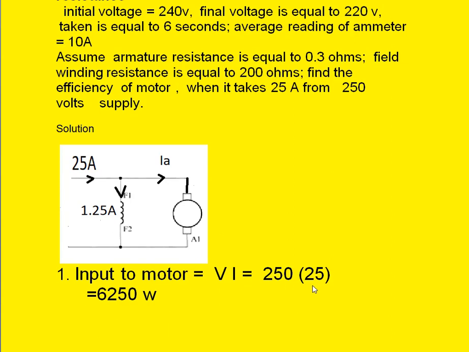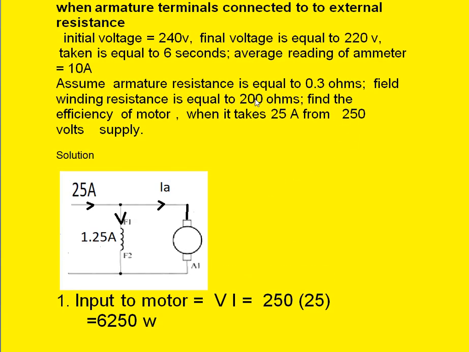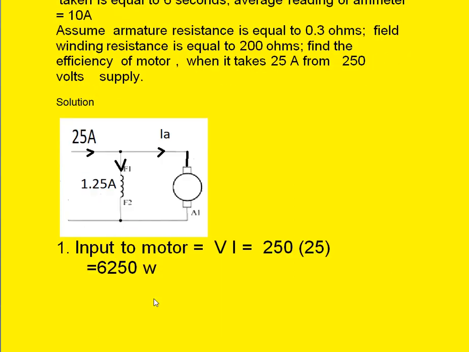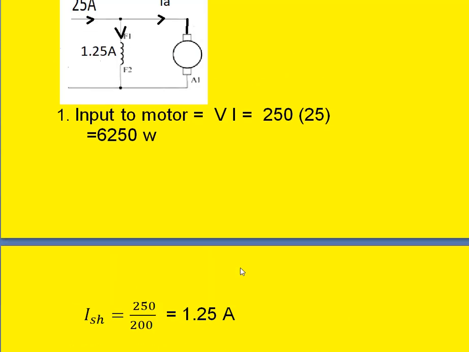So input to the motor is V into I, that is 250 into 25, we get 6250 watts. And we know the field winding resistance, that is 200 ohms, and the applied voltage, so we can calculate the field winding current, that is 250 divided by 200, then we get 1.25 amperes.